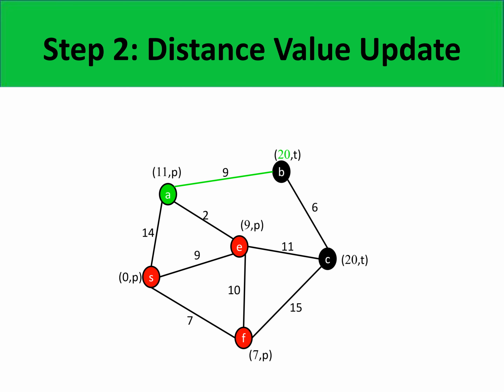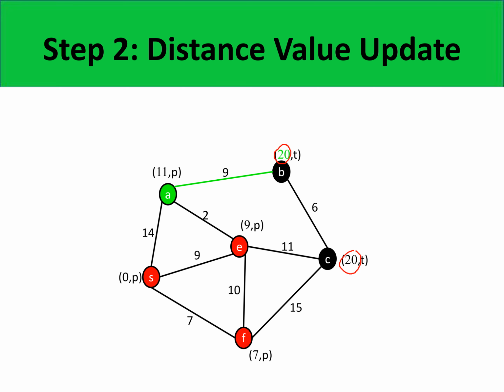Again, after updating, we inspect the distance values of the temporary labeled vertices. In this case, we have the distance value 20 for the vertex B and the distance value 20 for the vertex C. In the previous steps, we find the one with the lowest distance value.